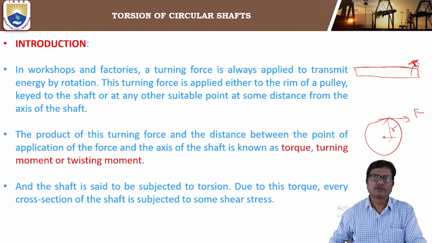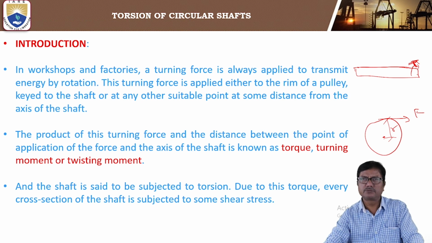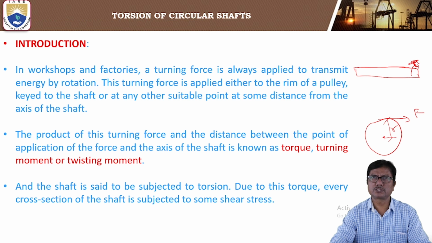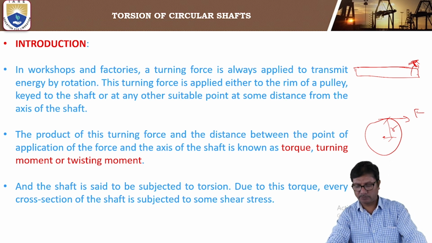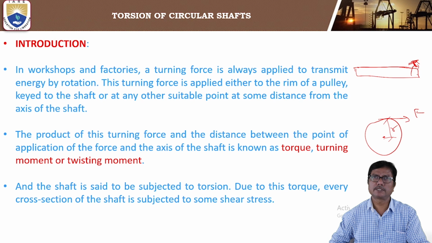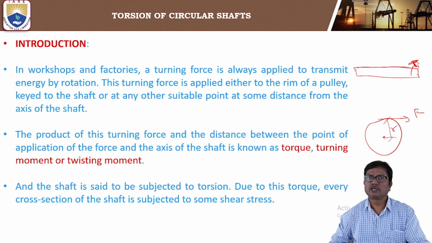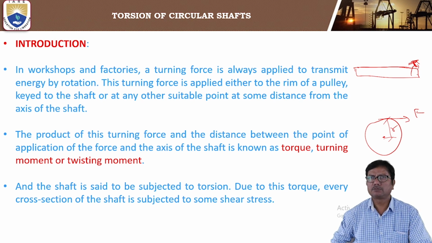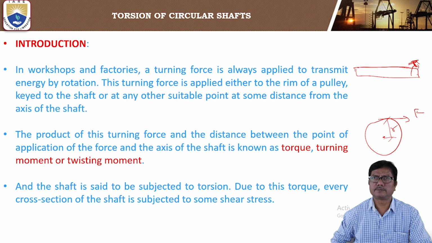This product of force, twisting force, turning force multiplied by the distance from the axis is said to be the torque or twisting moment, and the shaft is said to be subjected to torsion.